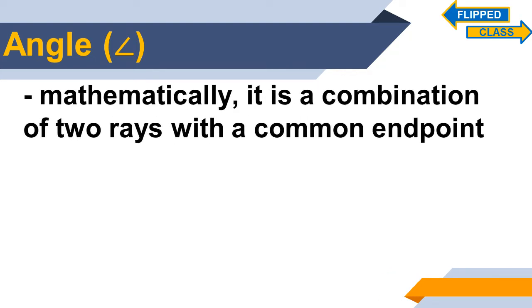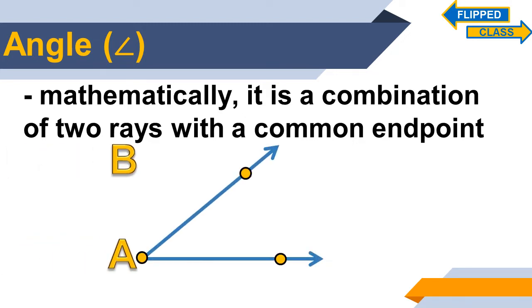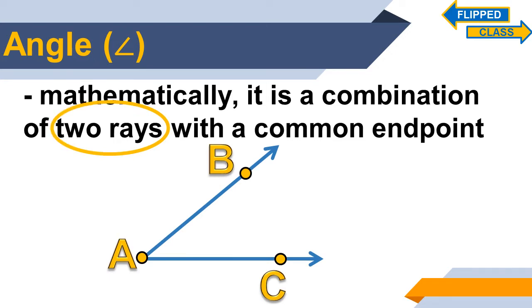But mathematically, we define angles as a combination of two rays with a common endpoint. Consider this given figure. We have now two rays. It's a combination of two rays. We have ray AB, and we also have ray AC.